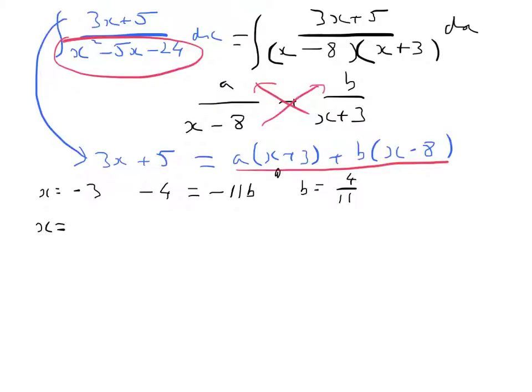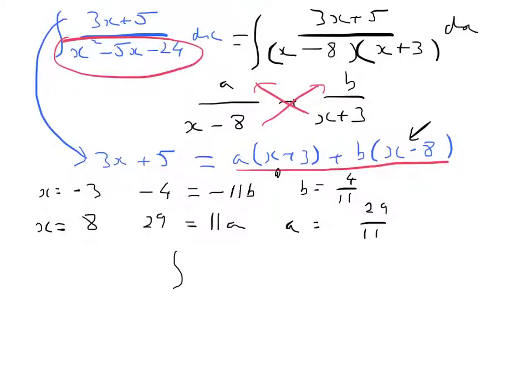Then we will substitute 8 to make this bracket equal 0. So if we substitute 8, 3 8's are 24 and 5, 29. If you put 8 in here, you get 11a. So a is 29 on 11.